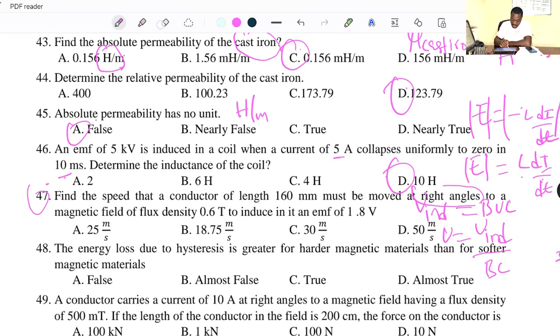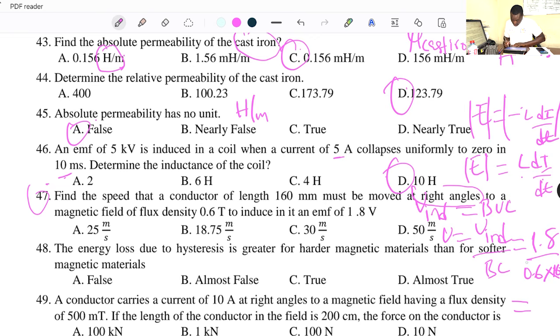Do replacement. The induced voltage is 1.8. Magnetic flux density of 0.6 times the length, which is 160 millimeters, right? Times 10 power minus 3. And this will be 160. So the 0 here.